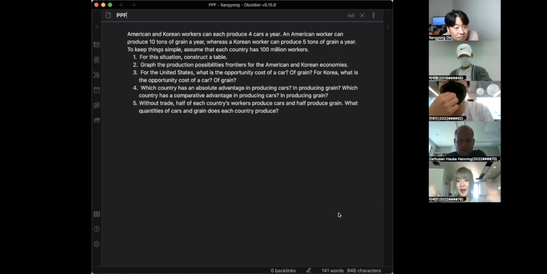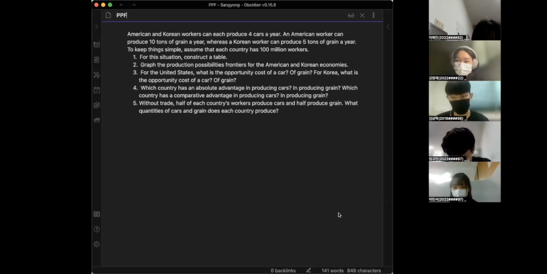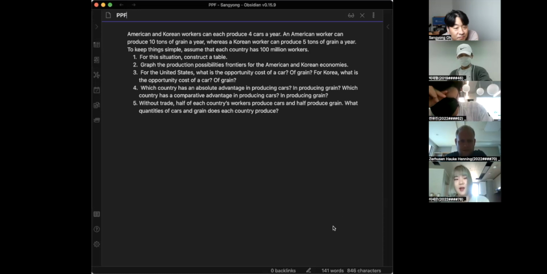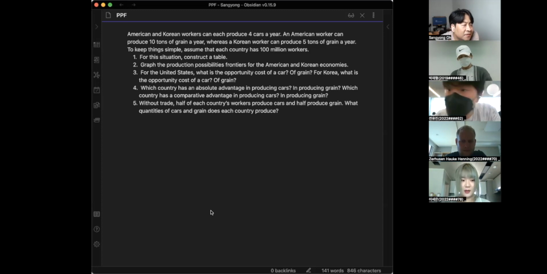Oh, I think nobody has an absolute advantage in producing cars because they can produce exactly the same number of cars. Both countries produce the same amount of cars, so there is no absolute advantage, or both have it. Thanks for the answer.